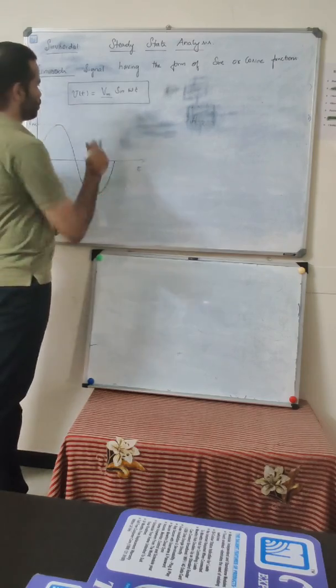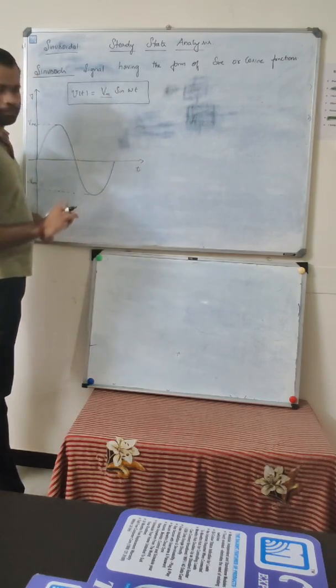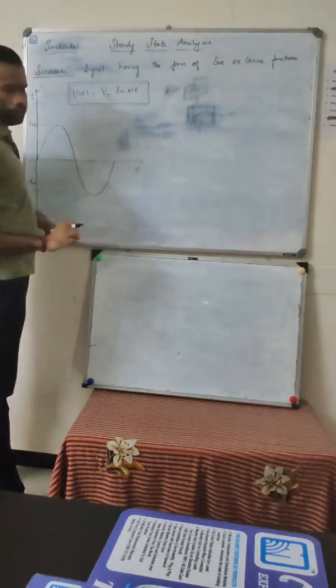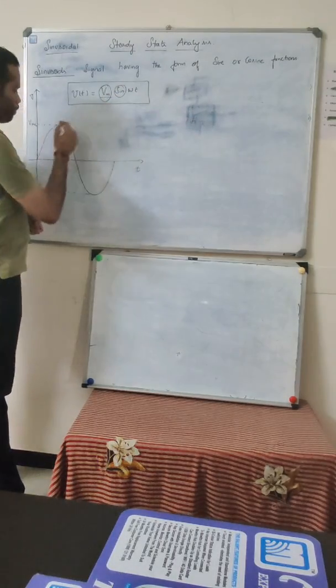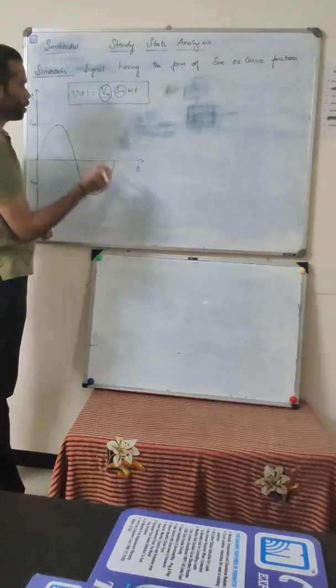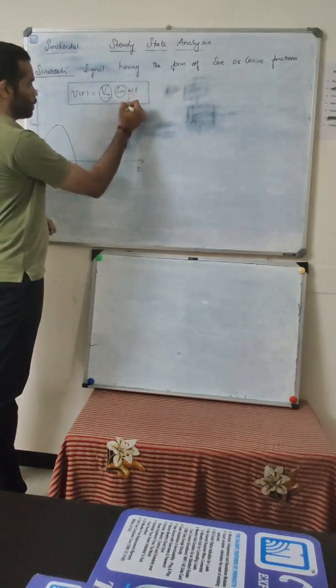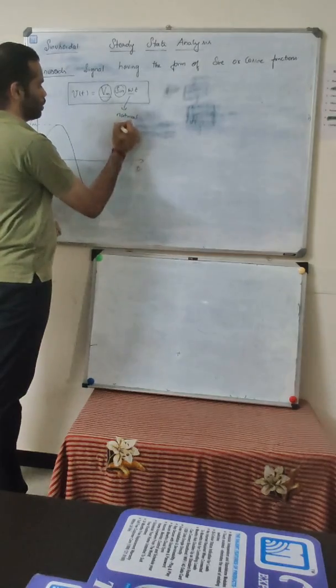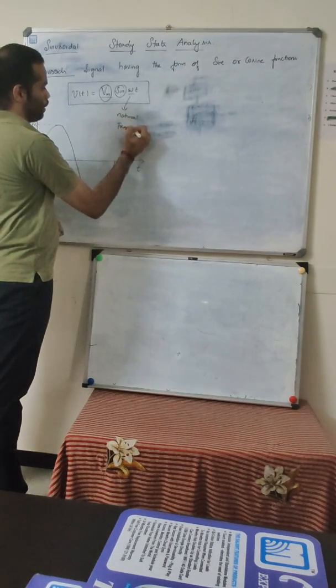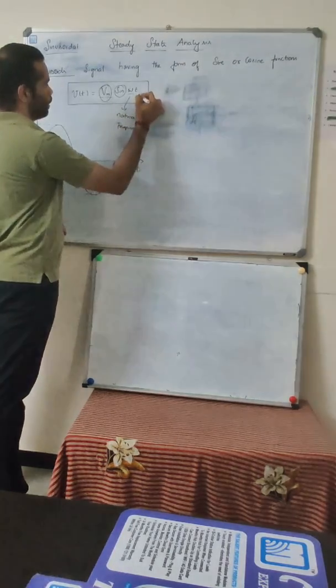So it's generally called Vm sine omega t, where Vm represents the amplitude, the sine represents the type of waveform it is undergoing, omega represents the natural frequency, and t represents the time.